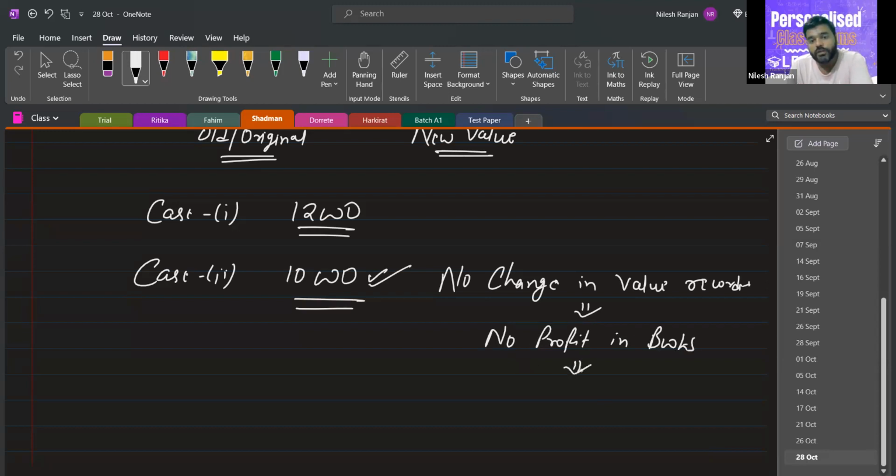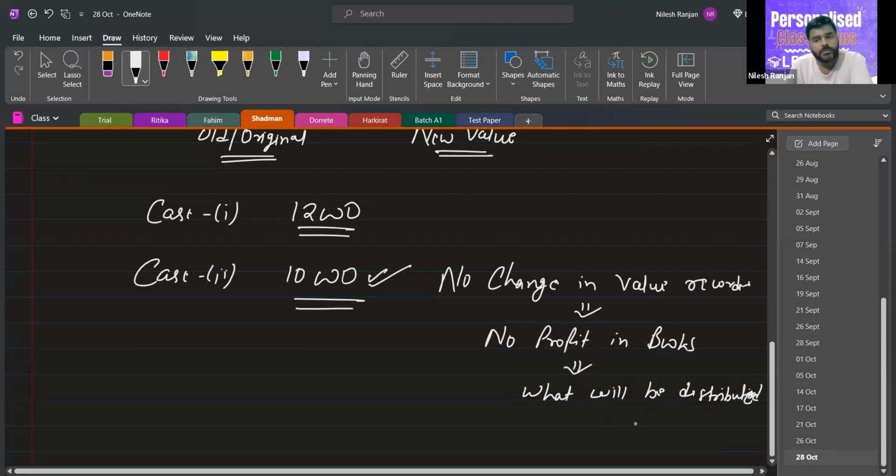And if there is no profit in books, then what will be distributed? There is nothing we have to distribute. Yes, sir. If there is nothing to distribute, that's why we have to adjust the capital of partners. Okay.